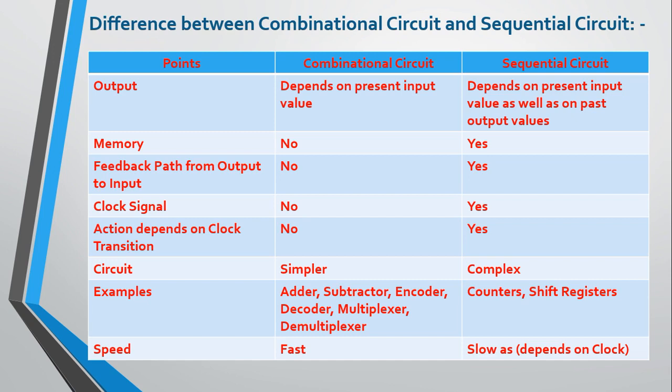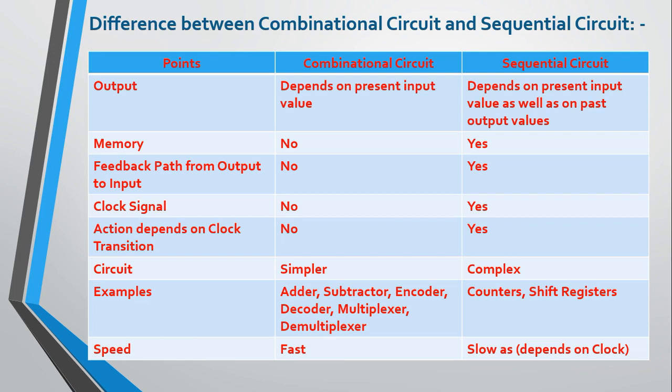Now naturally the circuit will be simpler when you create it using combinational circuit, but when you form any sequential circuit it becomes a complex circuit, because we need to add a flip-flop, we need to add different types of combinational circuit. There are input variables on which there are certain output variables. Similarly you need to add clock pulses.